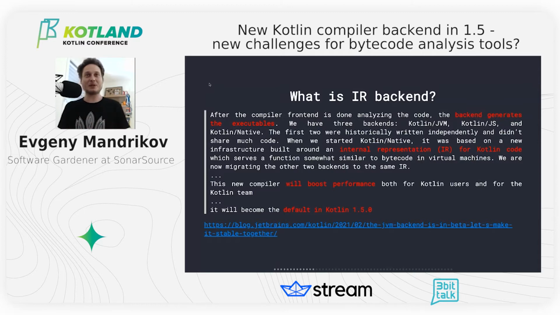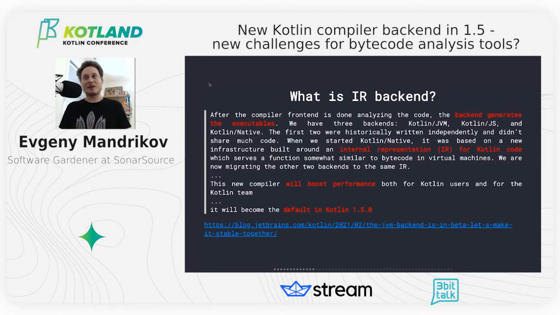So if we speak about a language such as Kotlin, we can generate different executables. We can generate executables for the JVM. This will be the bytecode. And we can generate native executables with Kotlin/Native. They will be binary. So this is about this part of the compiler.